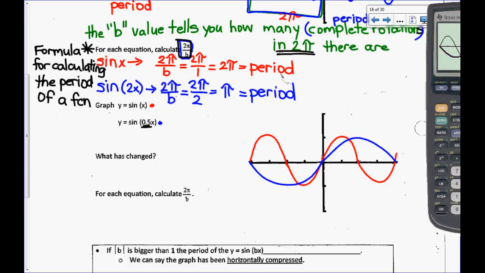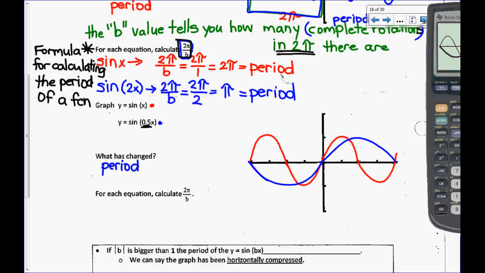The period has still changed, you're right. First of all, what was the period of my red y equals sine x function? The period is 2 pi, right? What's the period of my blue function when I've multiplied the x by 0.5?